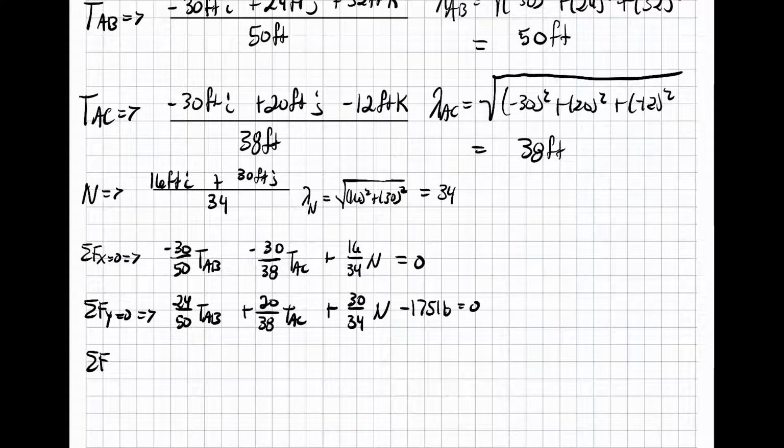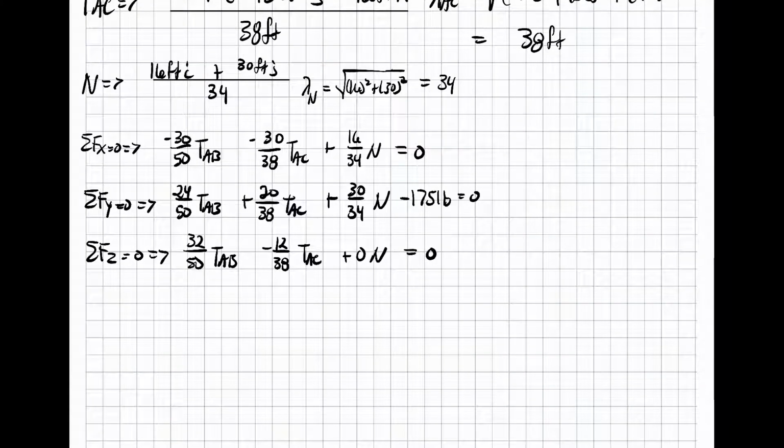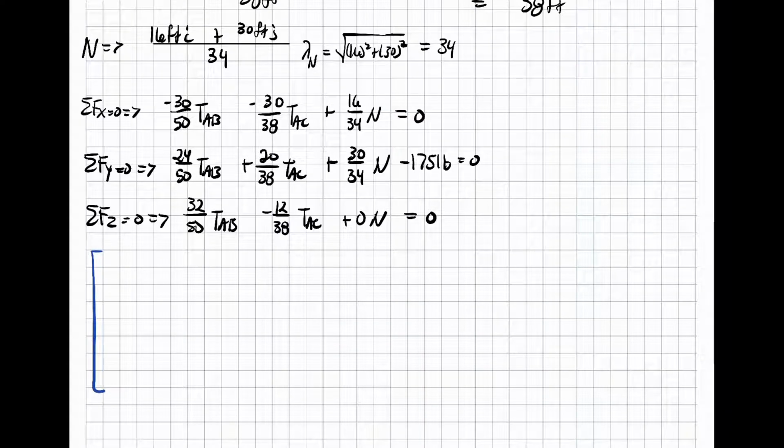Now sum of forces in the Z direction equal to 0. We have 32 over 50 tension AB minus 12 over 38 tension AC plus 0 in the normal equal to 0. So now we have our 3x3 matrix times a 3x1 matrix. So putting that into matrix format, again, I'm just going to copy and paste that right in here.